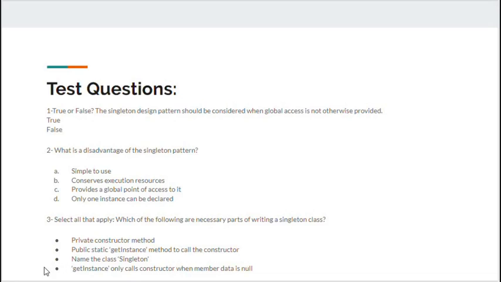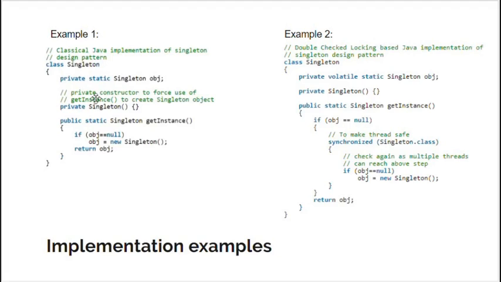So we look at both of the examples we had here, and they both have a private constructor. They have a public getInstance function, and neither of them will execute any extra code if the member data object is not null.